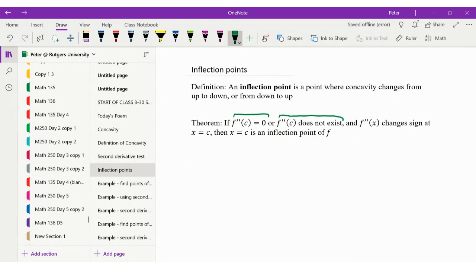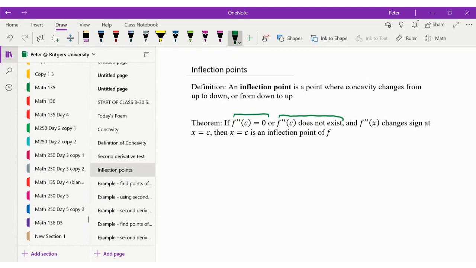As you recall, the two types of places where a function can change from increasing to decreasing, or vice versa, is where its first derivative is 0 or doesn't exist. And we gave those kinds of points the name critical numbers or critical points. Some textbooks refer to places where the second derivative is 0 or doesn't exist as a second order critical number.